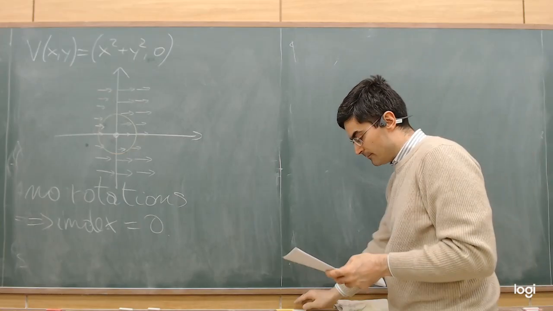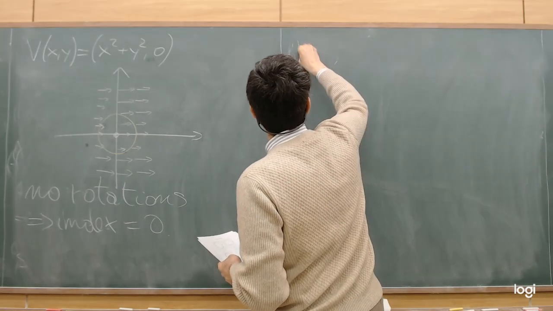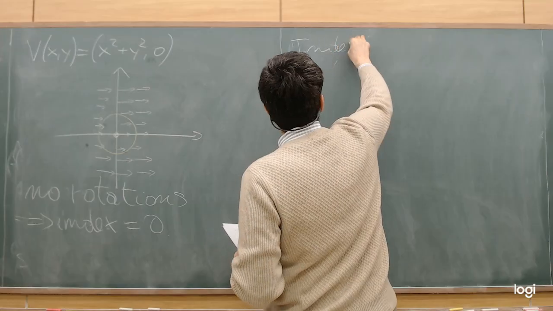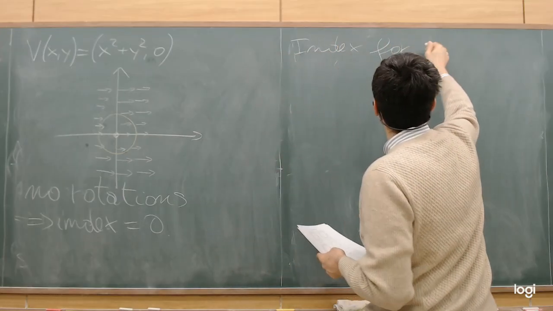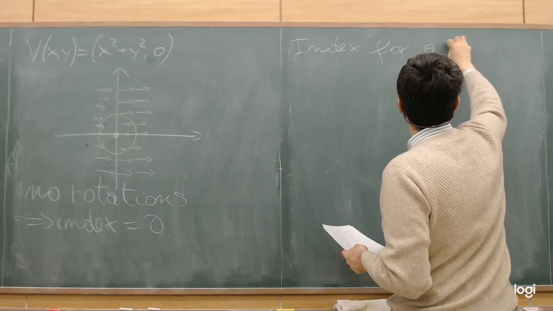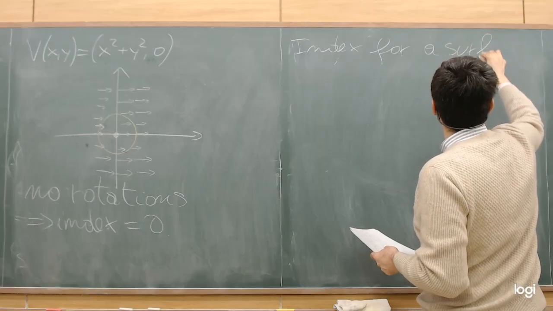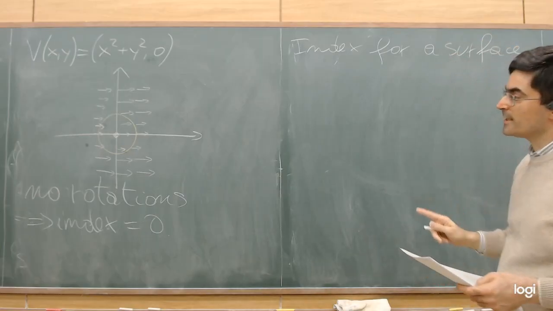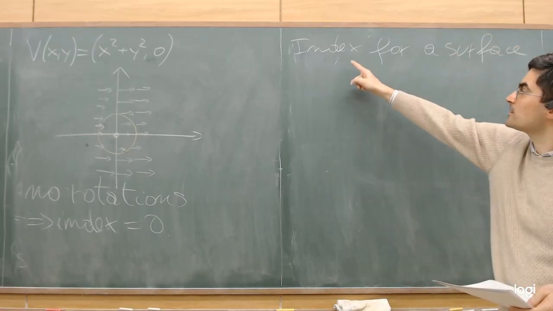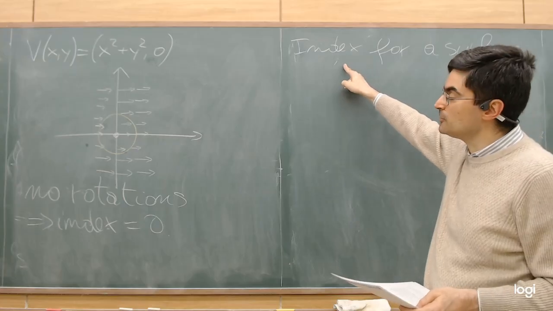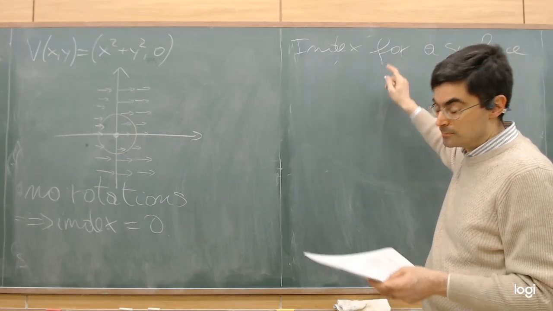Now I have to give the definition of index for a surface. The definition I gave before was the index at a singular point in the case of R2.